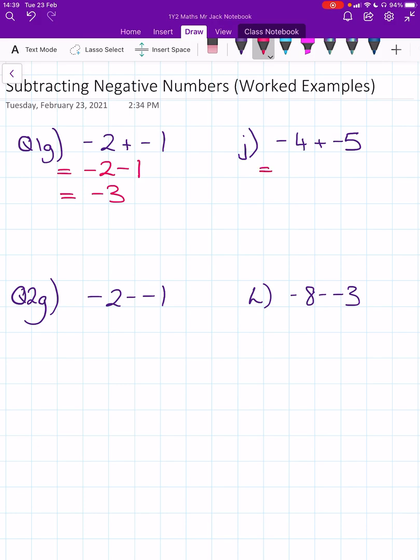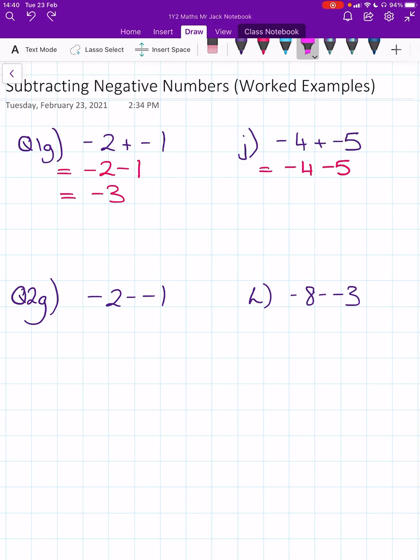Okay, this one here, same sort of idea. This question says -4 plus -5. So we're adding a negative here. So that becomes -4, unchanged, minus 5. Okay, so again, the adding a negative has been replaced by a subtraction sum.